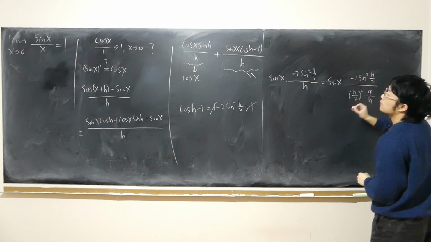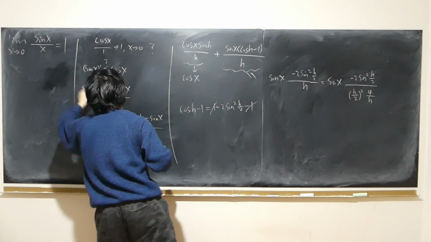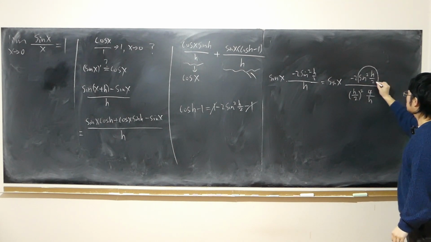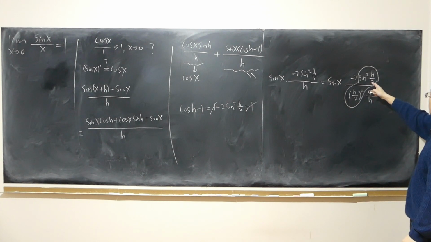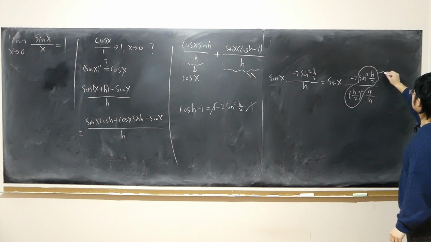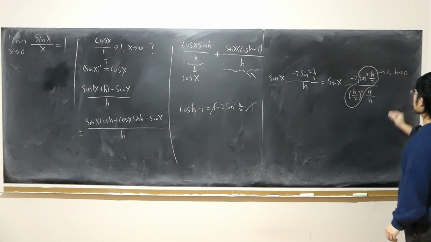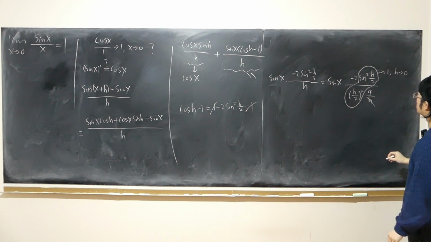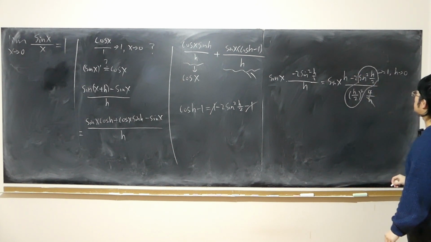Since this limit, the square of sine half h over half h, is still approaching 1, and what I have is the constant multiplied by h on both top and bottom, this h is gone and I have this h.